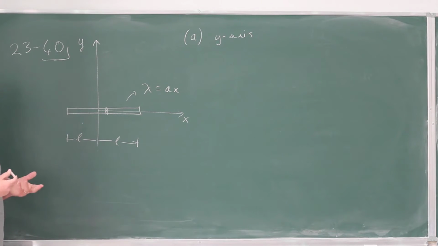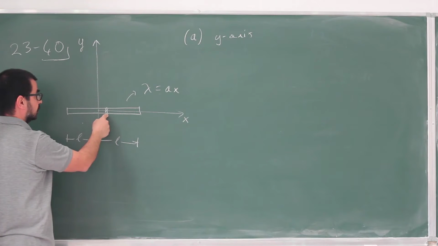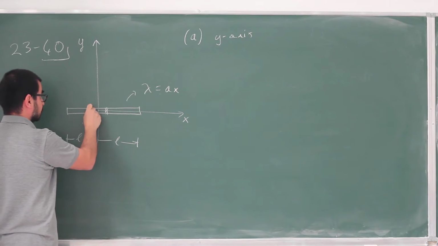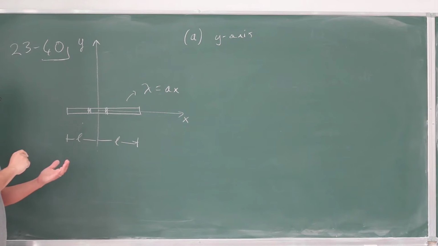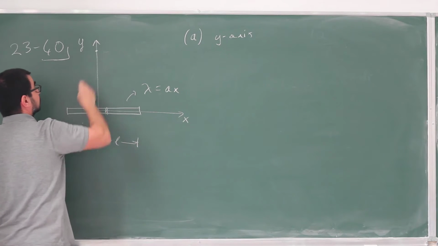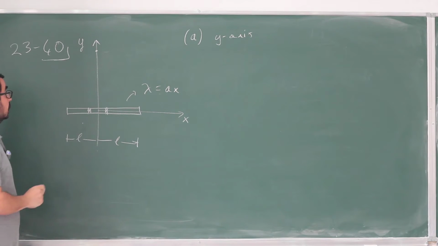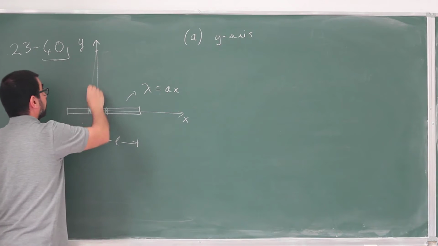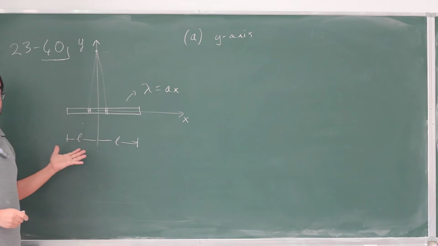So what you can say is that for every part of the rod that's on one side, there's another piece that's going to have exactly the same amount but opposite charge. And because any point on the y-axis, which happens to be the perpendicular bisector for this rod, is equidistant, by symmetry, the potential of these two are going to cancel each other.